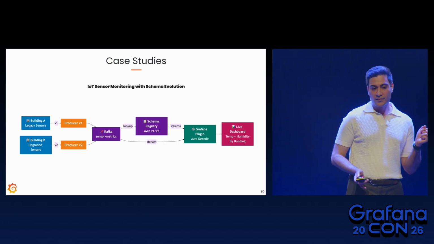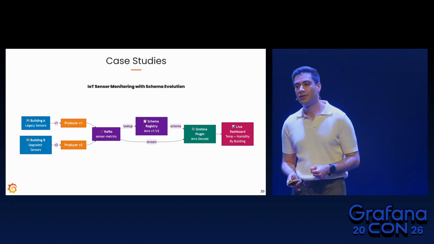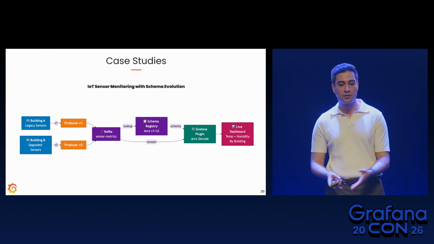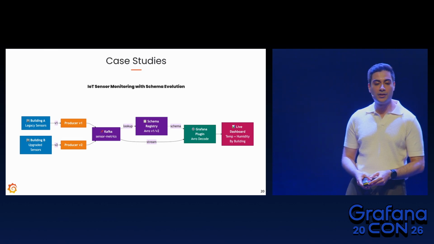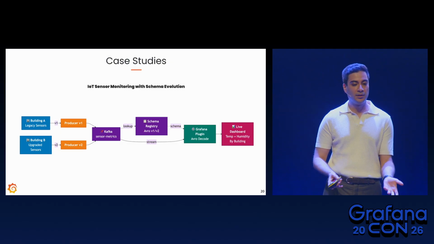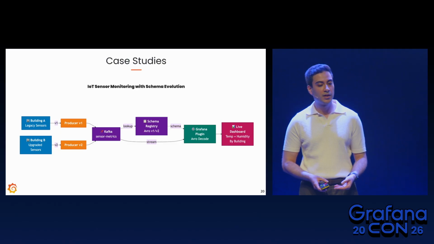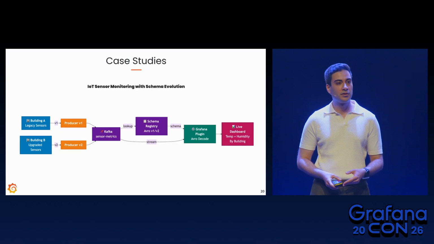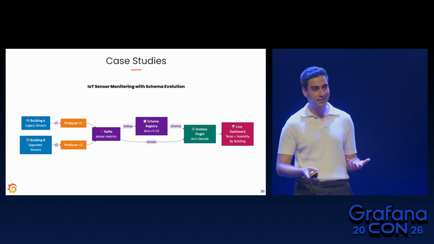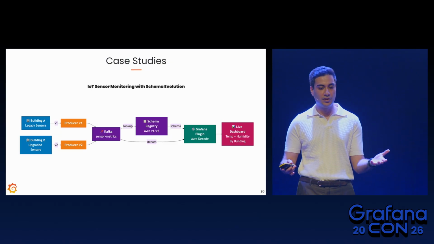So let's talk about the case studies. In terms of the case studies, we can see how we can use it for your cases. One thing, of course, is IoT sensor monitoring. Let's assume that we have two buildings having legacy sensors, and one building has a producer version 1, the other one has a producer version 2, and by version, I mean the schema. So they have different schemas.